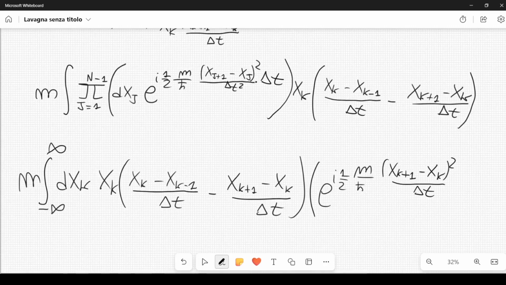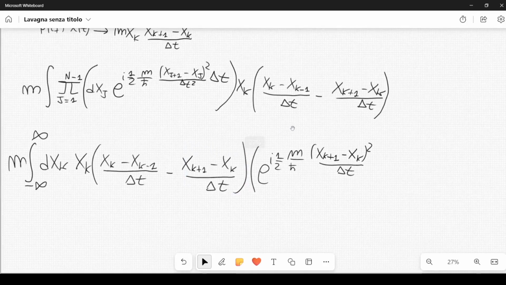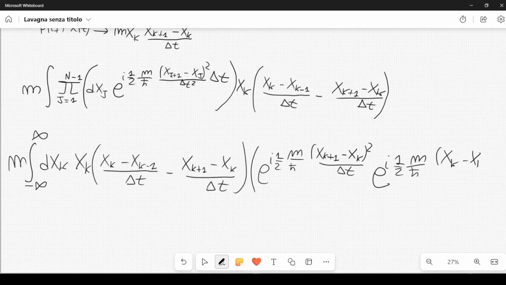I'm simplifying this delta t with the delta t squared. And then I also need to consider another exponential, which is e to the i, 1/2 m over h bar, times (x_k minus x_{k-1}) squared divided by delta t.